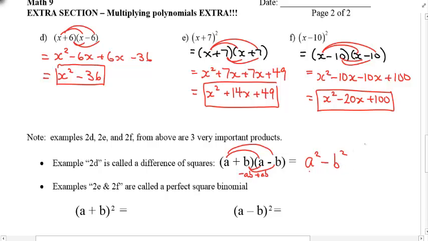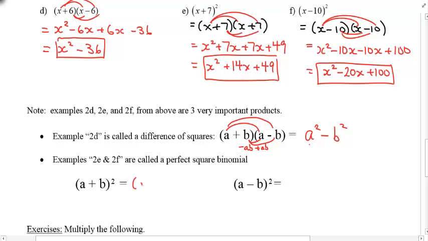E and F are called perfect square binomials, and if I were to ask you to multiply this out, you'll always see the following. a times a is a squared, and then the middle term here is always ab, and then this is always ab or ba again, so there's always going to be two of them, so I'm going to do 2ab plus b squared. A lot of teachers will ask you to memorize that.